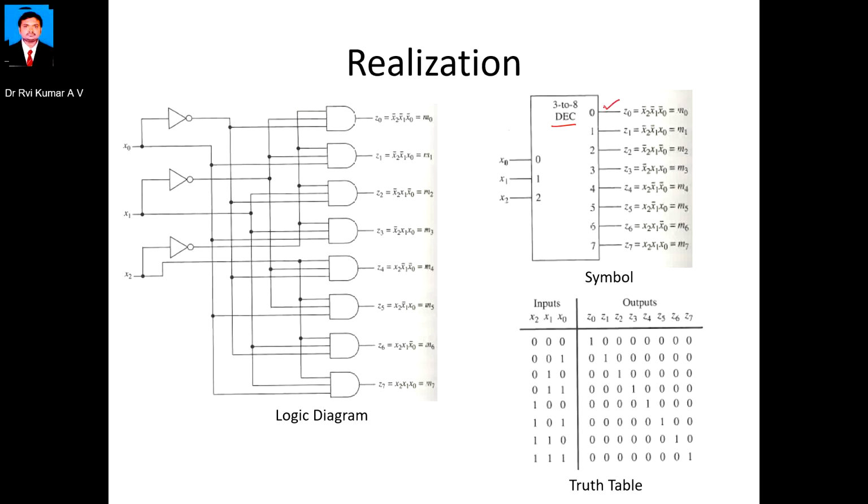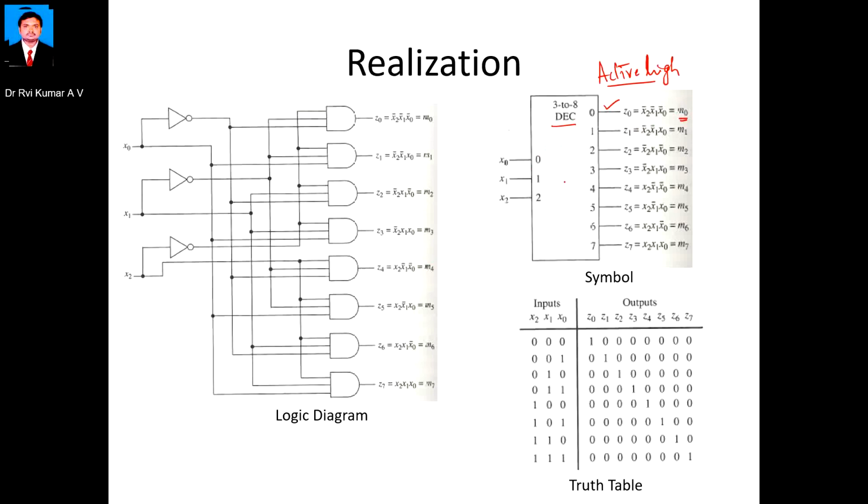Always the outputs start from 0 in the decoder. That should be remembered. Here in the 3 to 8 decoder, I am considering active high outputs. So in this case, I am getting the outputs as minterms.